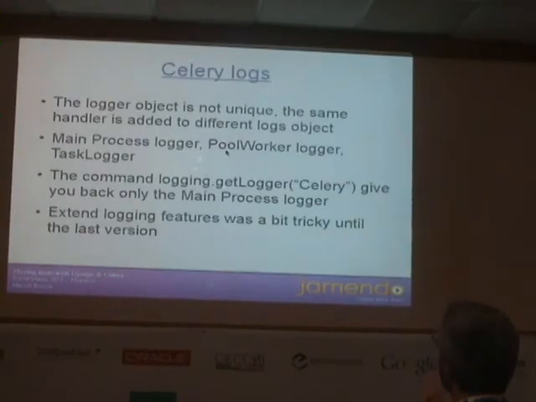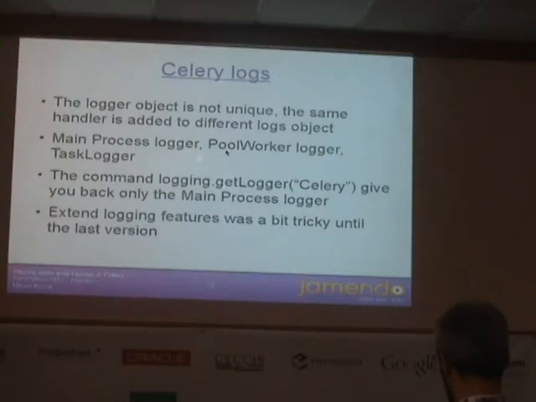Okay. Another problem of Celery is the logging. Basically, when you have a lot of workers that are running on different servers, sometimes you need a centralized logging. You want to read the logs in only one place, or maybe you also want to filter them, because when you execute a task, you don't know exactly on which worker, on which machine, it will be executed.